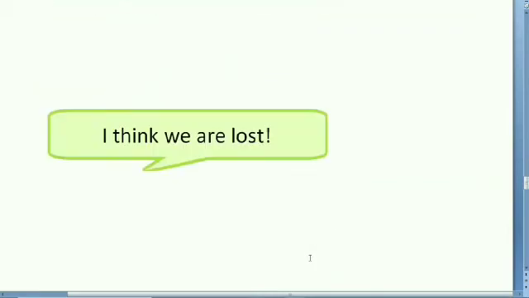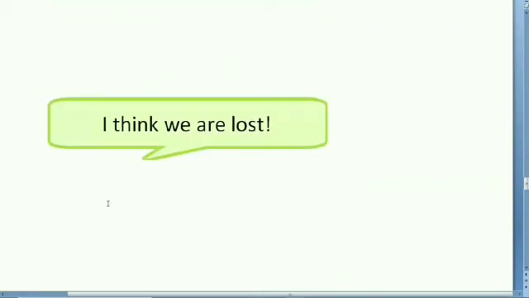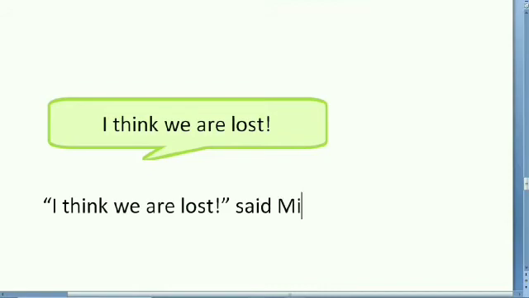Next sentence. "I think we are lost!" Exclamation mark. Uh-oh. What do we do here? Let's do it together. Speech marks. Exclamation mark. Speech marks again. Said Mike. Full stop. Ta-da. So, just like the question mark, you have to keep the exclamation mark as well.